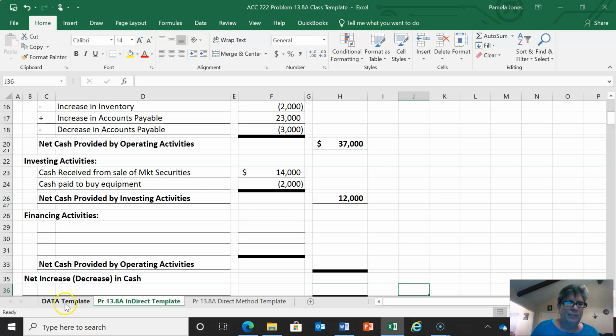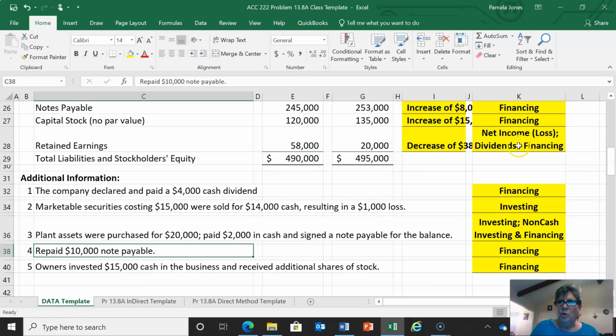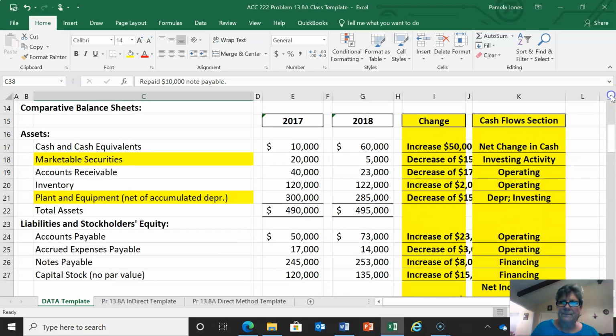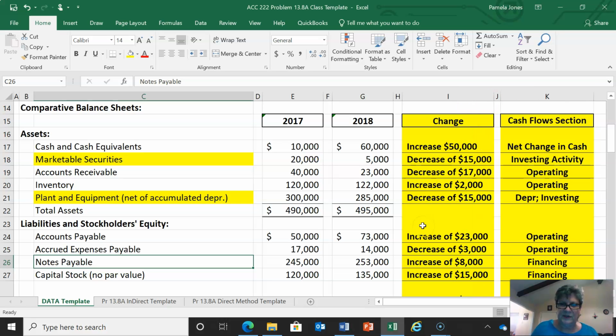All right, so back on our data template, we have identified that the change in notes payable is going to be reported in the financing activities section. I need to widen that again so we can see everything.